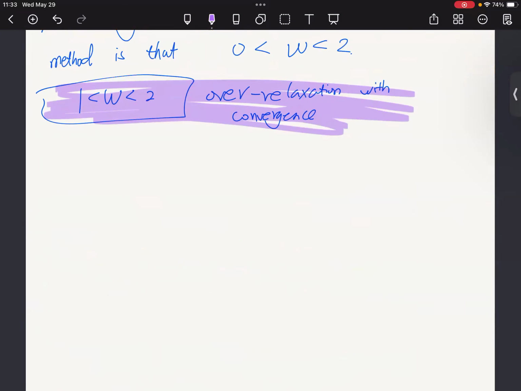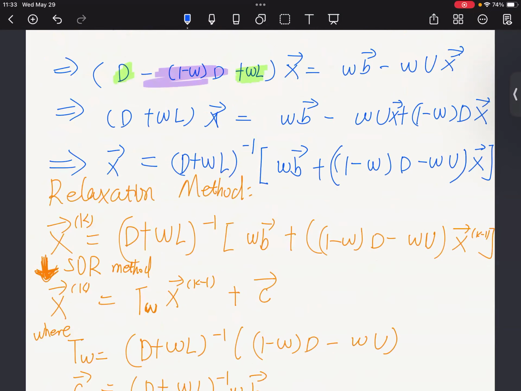I'm going to write that down, but I'm not going to write down the details of how to get the component-wise formula for the SOR method.